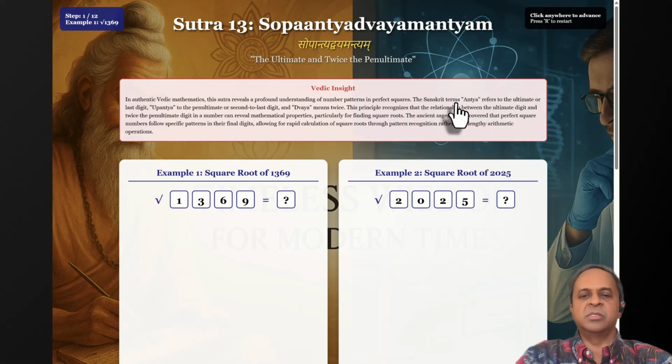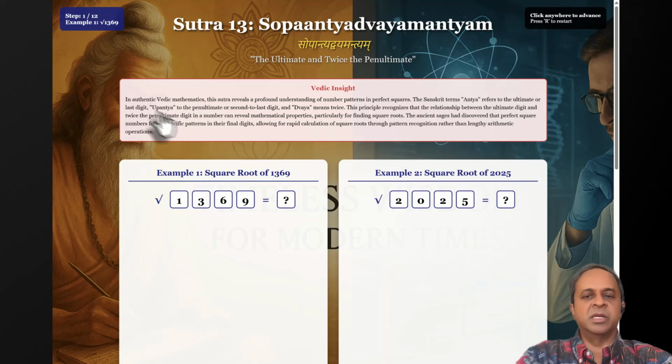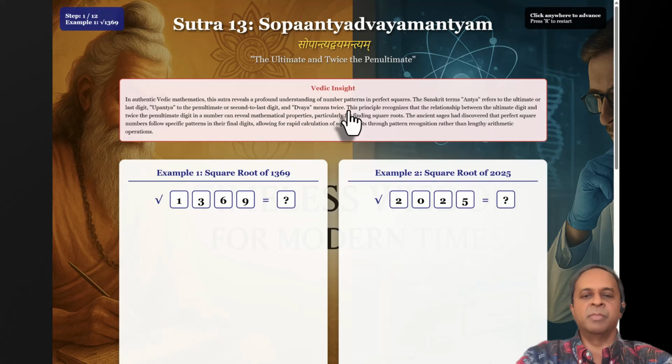The Sanskrit term antya refers to ultimate or the last digit, upantya is the penultimate or second to last digit, and davya means twice. So this principle recognizes the relationship between the ultimate digit and twice the penultimate digit in a number can reveal mathematical properties, particularly in finding square roots.